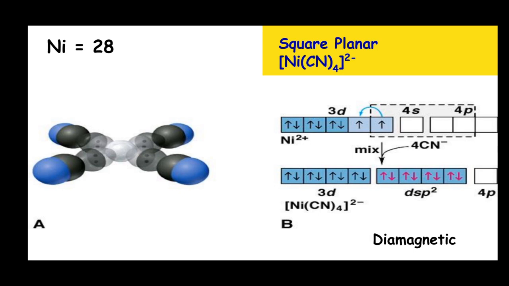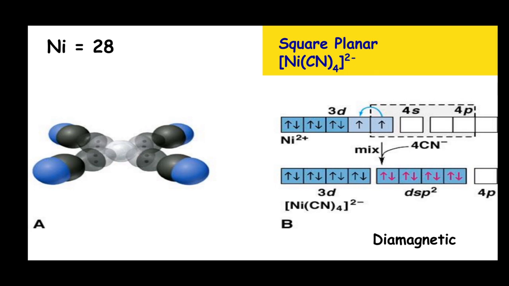In this complex of nickel, nickel metal is in di-positive oxidation state, and in presence of 4 cyano ligands, these ligands cause the pairing of 3d electrons and make available d orbitals for dsp2 hybridization.